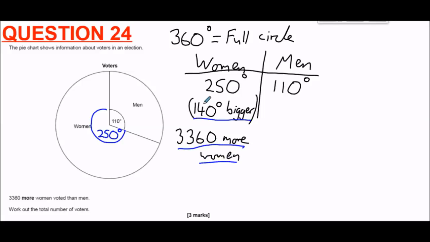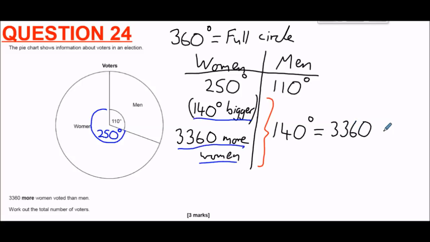So this 140 extra degrees for the women's sector will relate exactly to the extra women that voted as compared to the men. So this is the subtle part. What you need to realise from these two bits of information is that that extra 140 degrees therefore represents 3,360 people. In this case, those people are women.